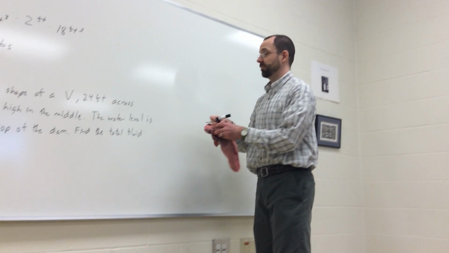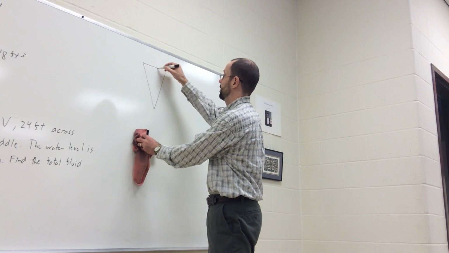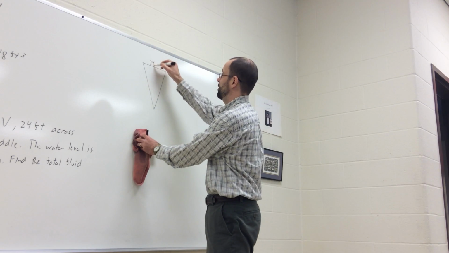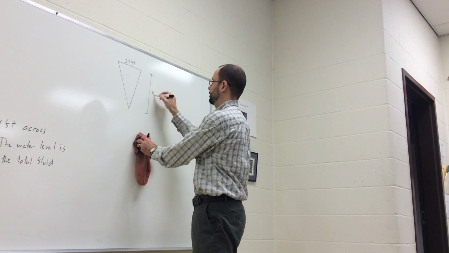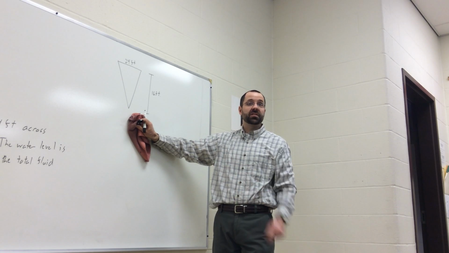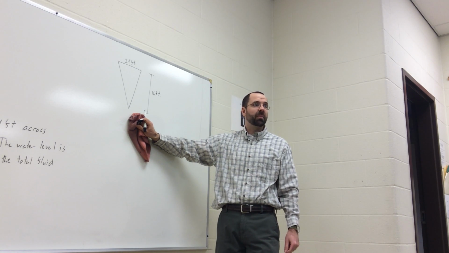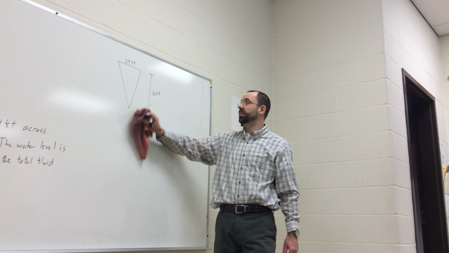Okay, so let's draw this thing. It's in the shape of a V. It's 24 feet across the top and 16 feet tall. So behind that is a lot of water that it's holding back. So there's like a lake back there that this is holding back.